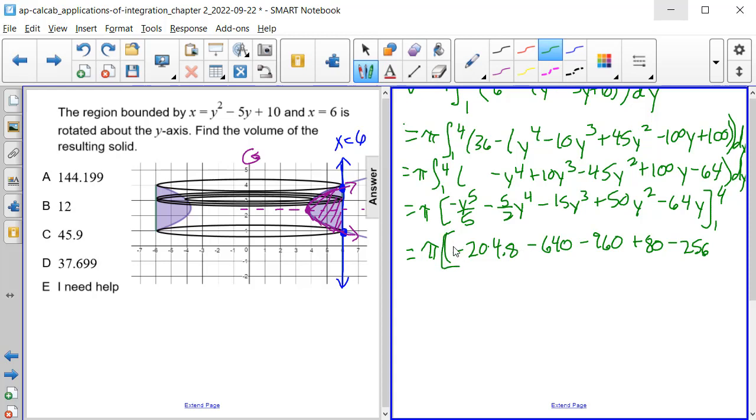So I'm going to keep the square brackets there. That's one value we're going to get. And then we have to subtract from it. 1 to the 5th is 1, and 1 divided by 5 is 1/5 or 0.2, and we have negative, so negative 0.2, minus 5/2, which is 2.5.